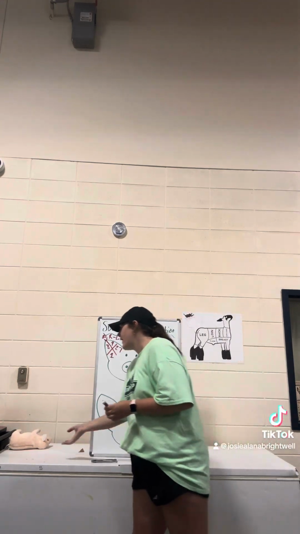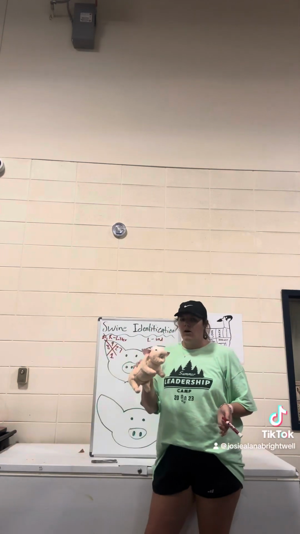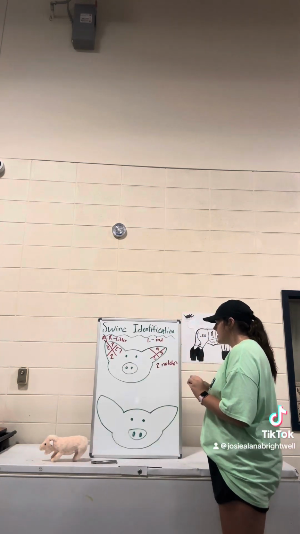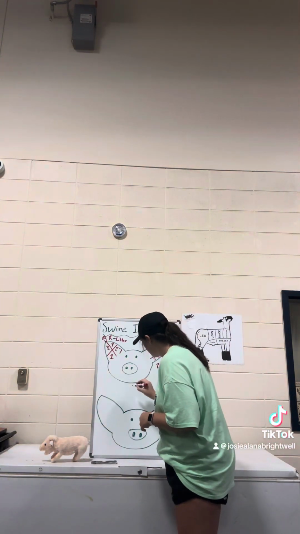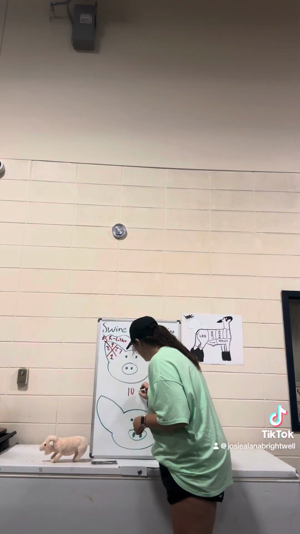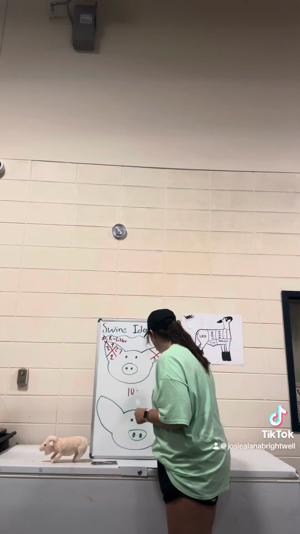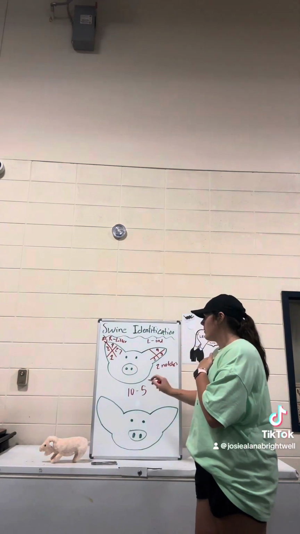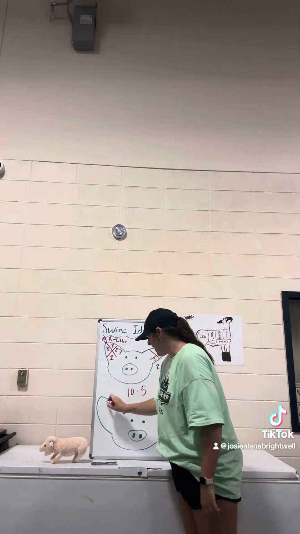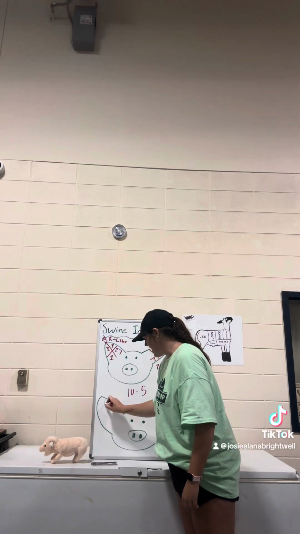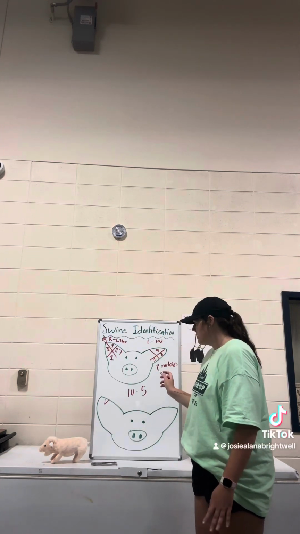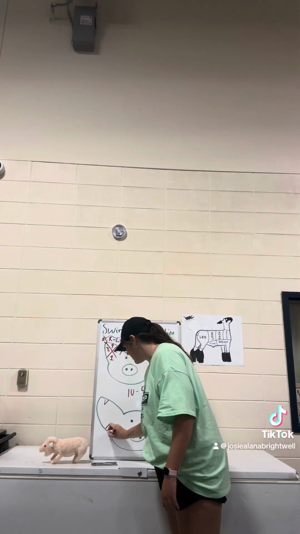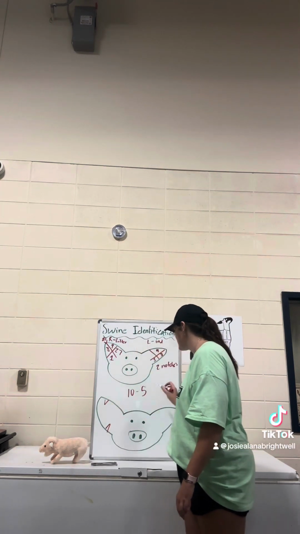So before we practice on our pig, we're going to practice down here at the bottom. Let's say I have litter number 10, piglet number 5. Our closest number to 10 is our 9, so I'm going to notch a 9. 10 minus 9 is 1, so I'm going to put a notch here. 9 plus 1 equals 10.